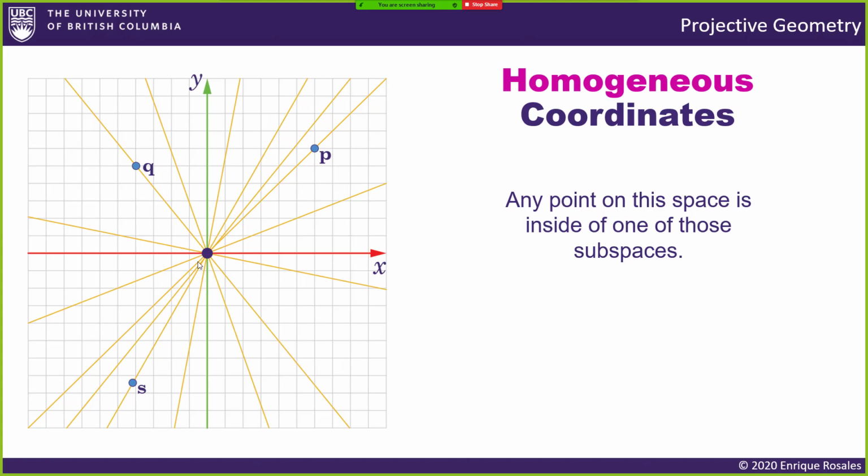The only point that doesn't have a unique one-dimensional subspace is the one on the origin. Does everybody agree with that? Yes, excellent. So every other point, which is not 0, 0, has a unique one-dimensional subspace.